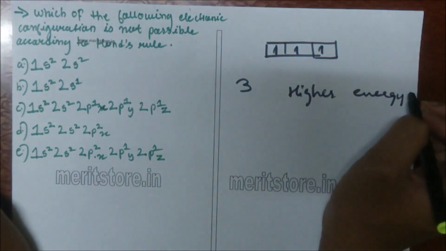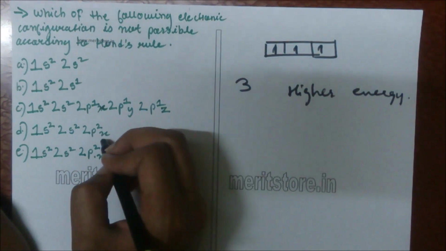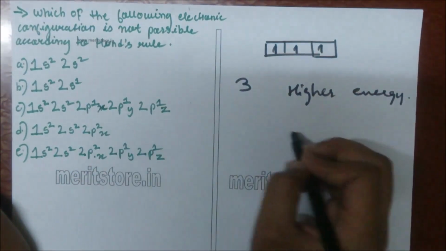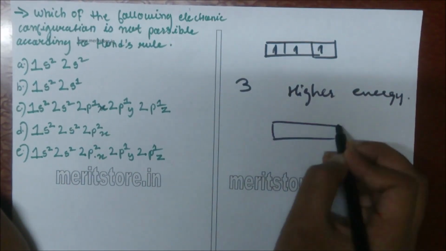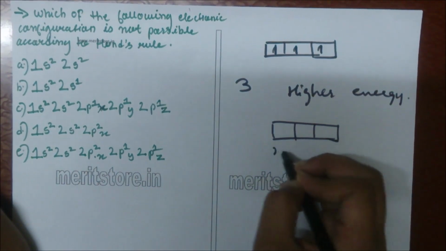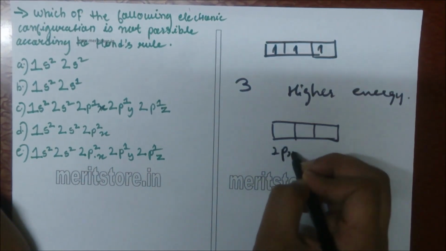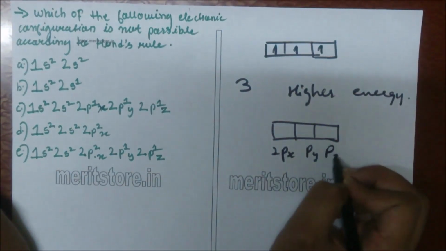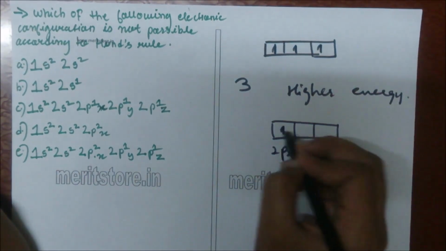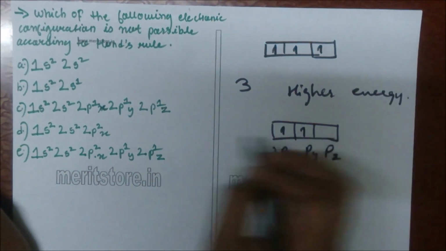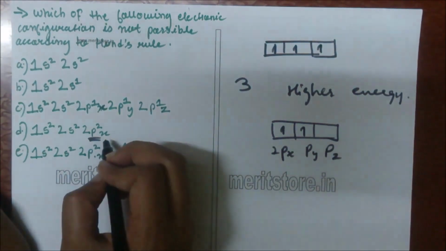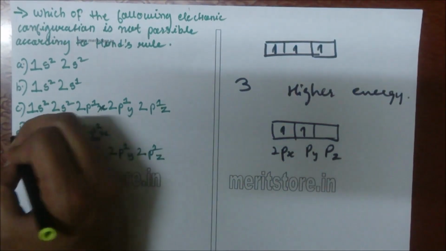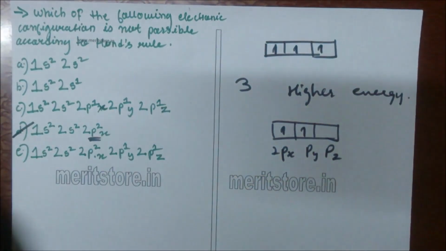So 2px2 cannot be possible. Let's consider this as px, py and pz, and it has 2 electrons, so one should be with px and one should be with py. Px cannot accommodate 2 electrons simultaneously by pairing, so option D is not possible according to Hund's rule.